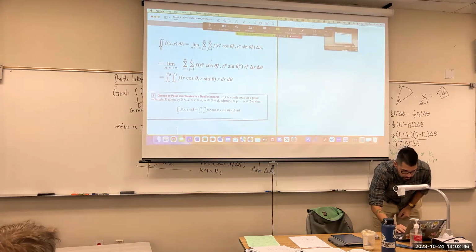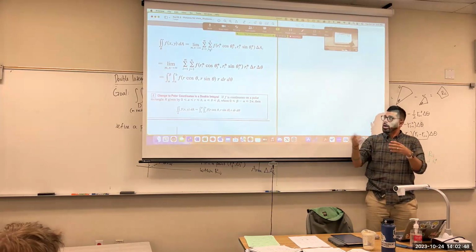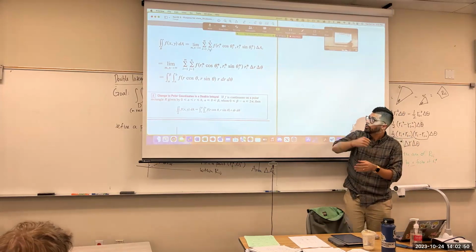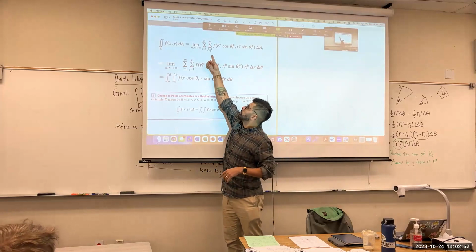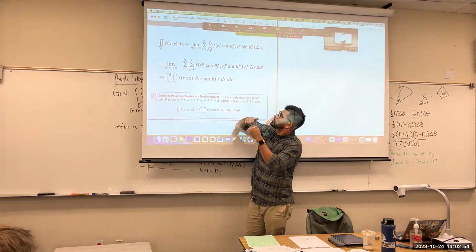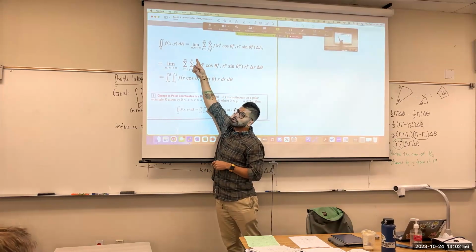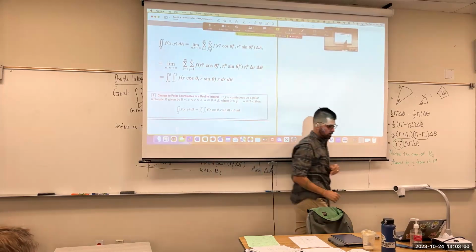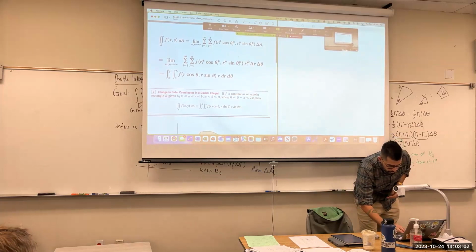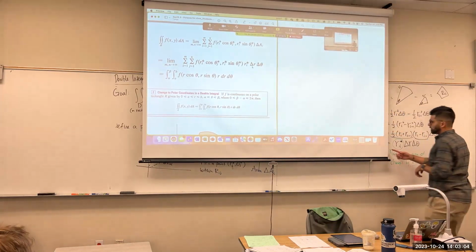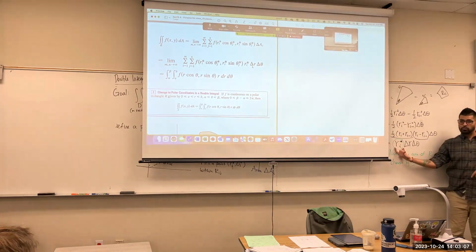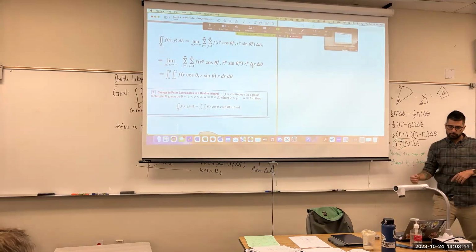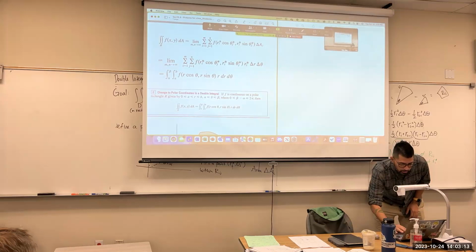So then you add up all those subrectangles as they vary throughout the intervals of r and throughout the intervals of theta, and then you take the limit, just like we did with the rectangles discussion. But then, as we showed, delta Ai has this factor of r that gets popped out, right here.